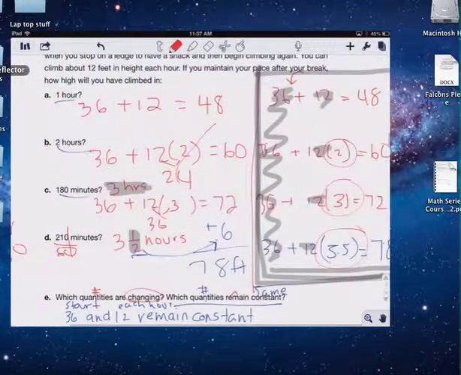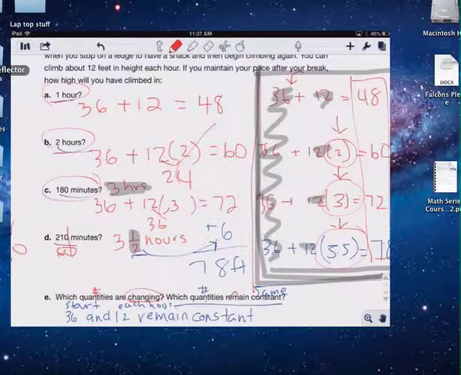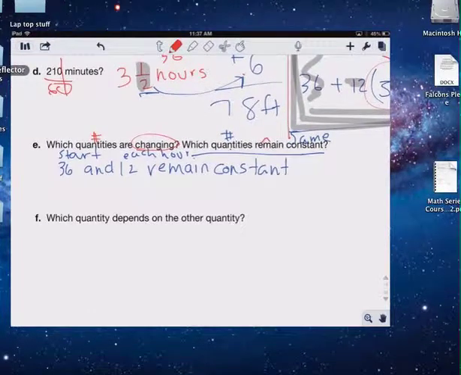Did the answer stay the same? No, so the answer keeps changing. What does the 2, the 3, the 3.5 represent? The hours. So the one that keeps changing, please write this down, is the hours.